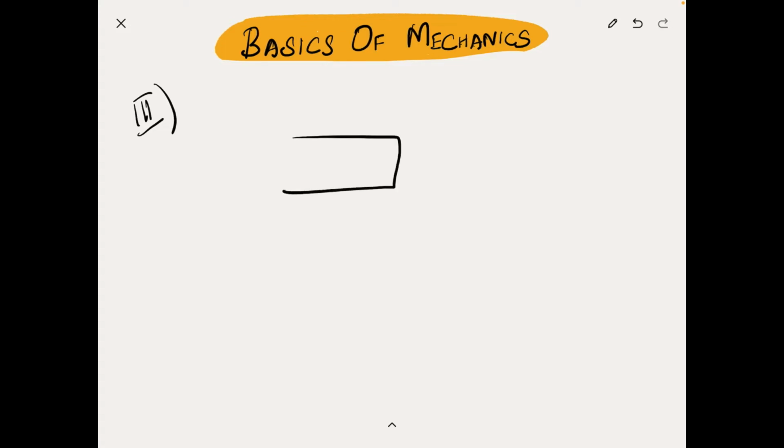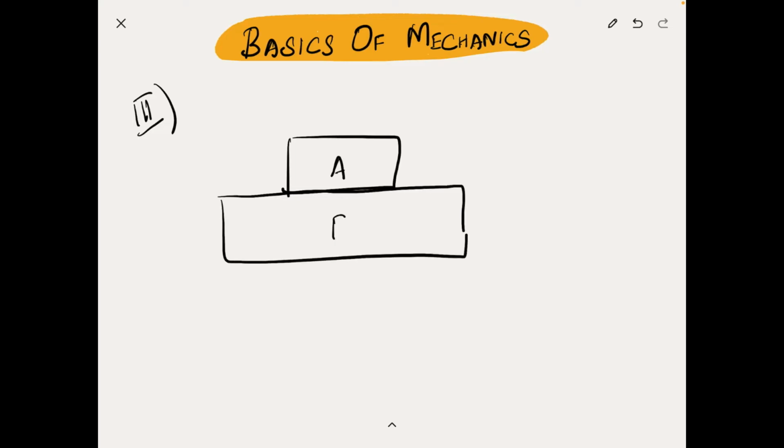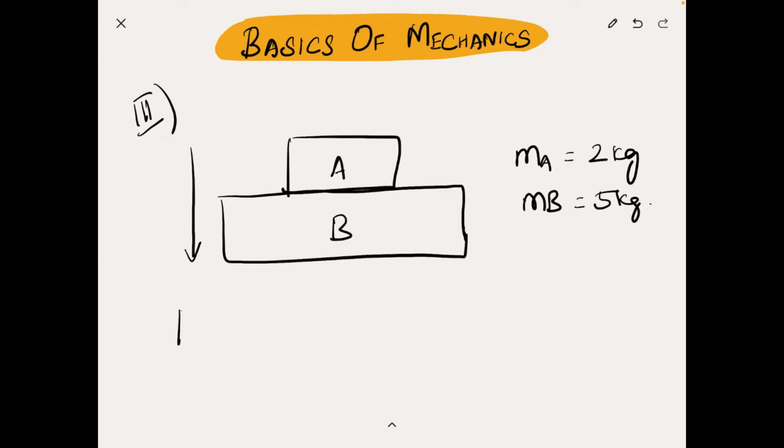Let us consider a body A resting on another body B. Now, assuming the mass of body A is equal to 2 kilograms and the mass of body B is equal to 5 kilograms, then due to gravitational pull in this direction, A with a mass of 2 kilograms will exert some force on B. And this force due to gravity is nothing but the weight of an object.